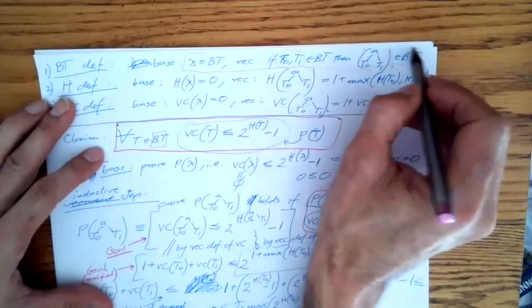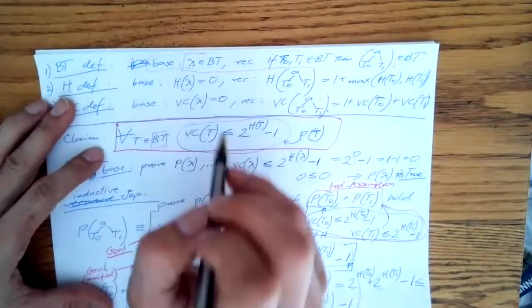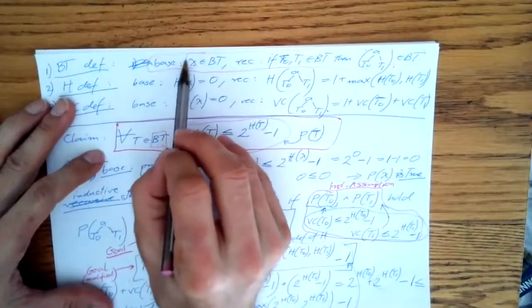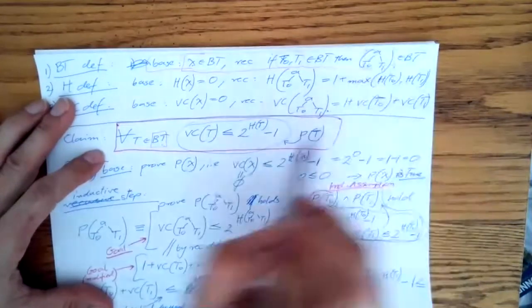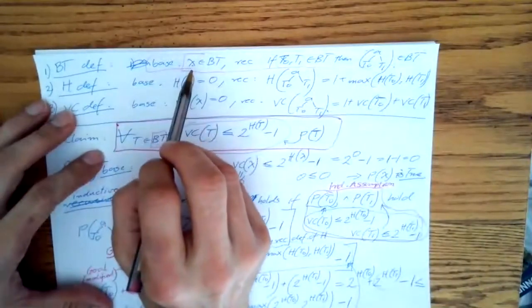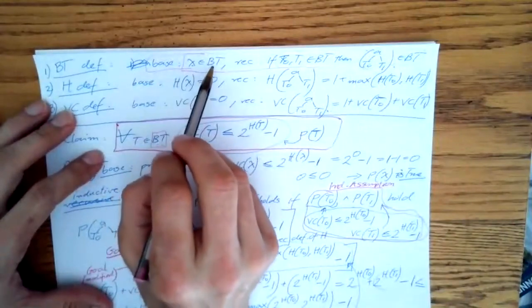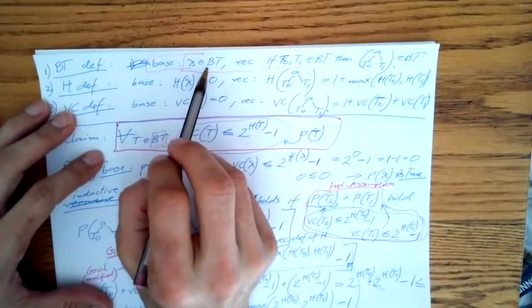Here is my definition of binary trees. It's a base case and a recursive step. In the book, there is a very similar construct for something the book called perfect binary trees.